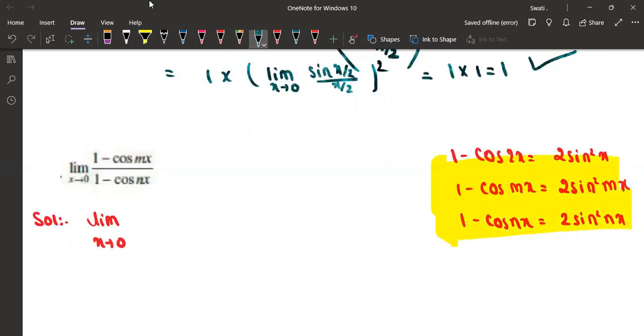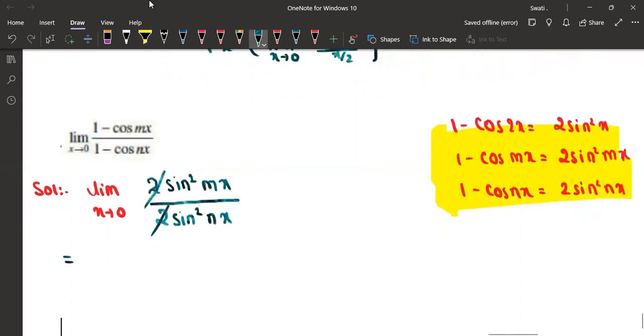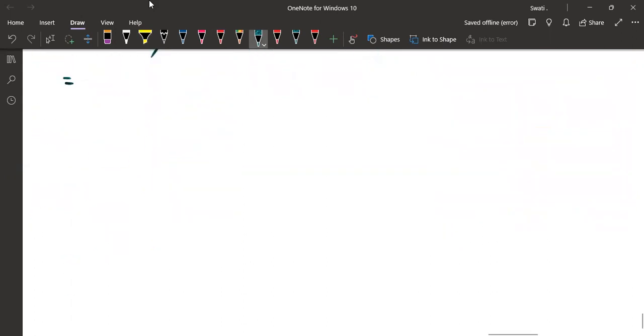So using this formula, this will become 2 sine square mx, and this will become 2 sine square nx. Now here I'm going to cancel this 2 and 2. We know one property of a limit, that limit will get distributed over the numerator and denominator.